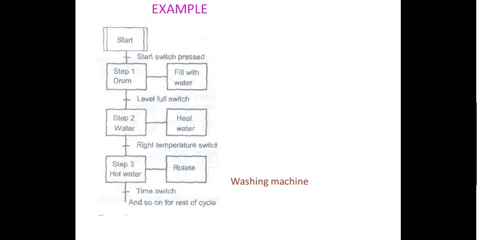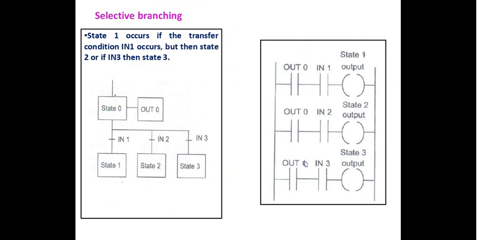Now, what exactly do we mean by selective branching? State 1 occurs if the transition condition IN1 occurs, but state 2 if IN3, then state 3. Please note this. I have got one state.